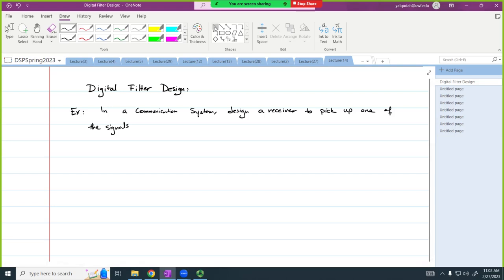So if you look at the spectrum of all the signals that are available, we have a signal that occupies the band from negative 100 to 100.